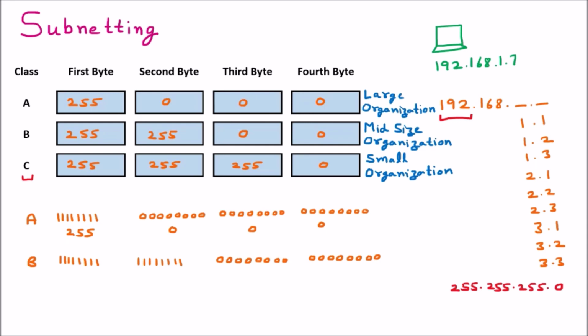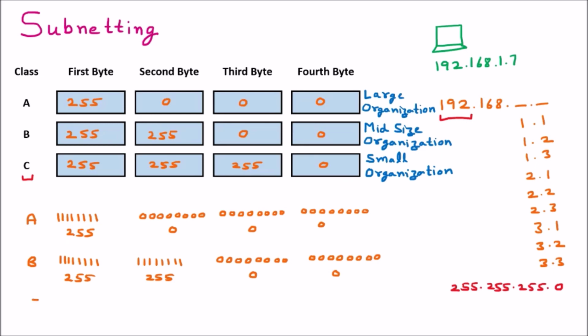And if we take out how that is converted to decimal, it is nothing but 255.255.0.0. So here the above one is the binary representation, and at the bottom we have the dotted decimal representation.